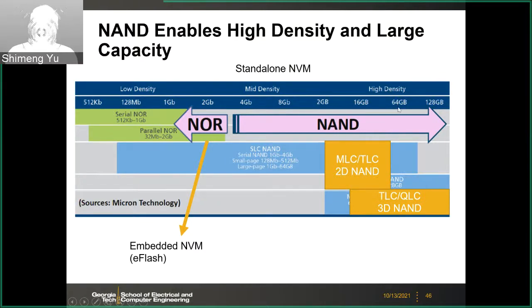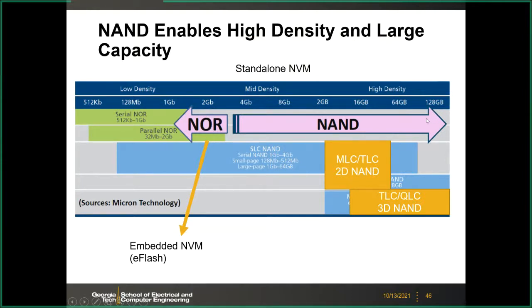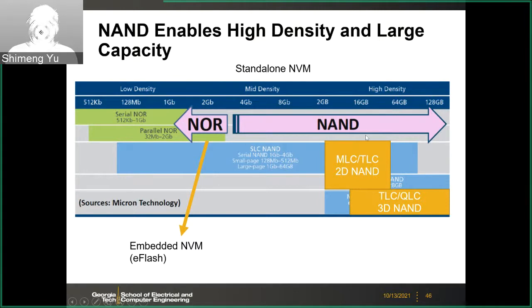If you convert to bytes, that will be like 128 gigabytes per chip. This is enabled by the MLC multi-level cell capability, as we will discuss later. And also the 3D NAND flash will further boost the capacity because you can pack more bits vertically in the third dimension. So we will discuss that next.